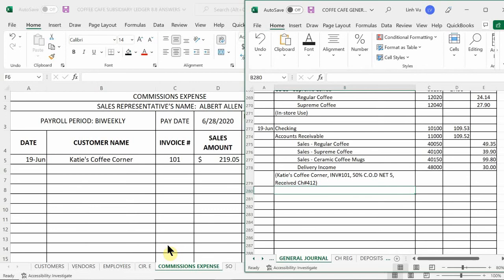Do we go back to deposits? We already made the deposit. Okay, we have to do the notation in the journal. We already did the notation in the journal.